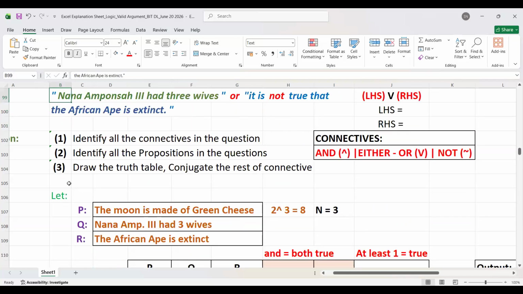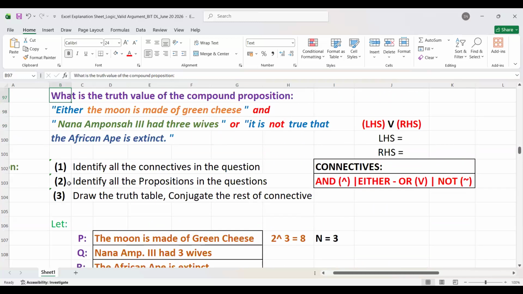Now, what we need to do next is pick the statements and the connectives one by one. Our first connective was and. So which propositions are being joined with the word and? P and Q. Thank you.